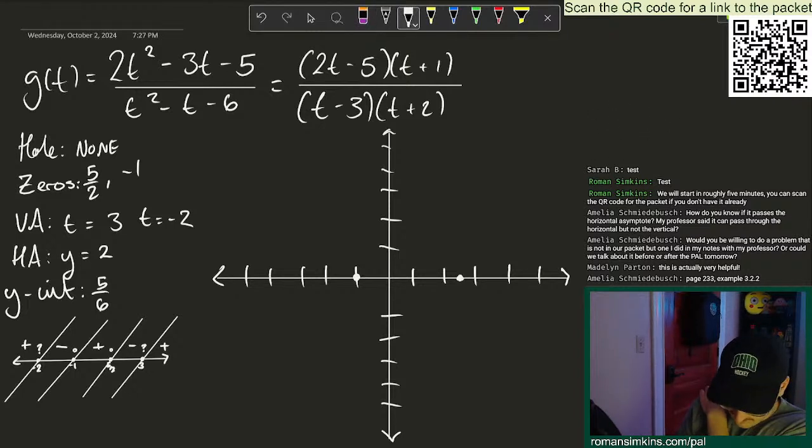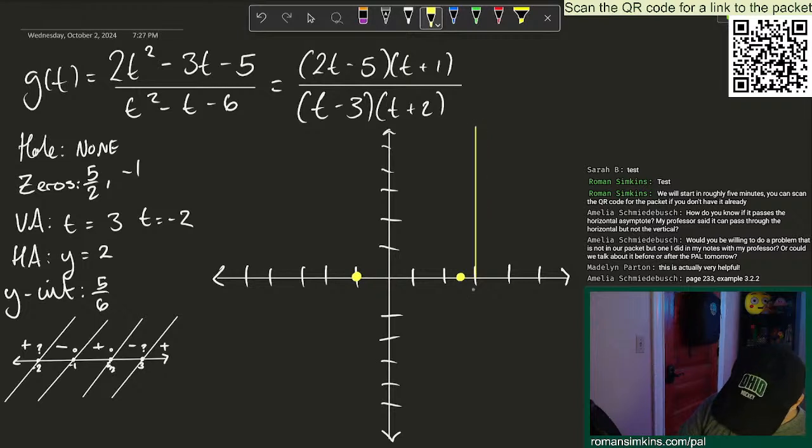I should do my information in yellow just so it's very clear. So 2.5, okay. Then vertical asymptotes, I have 1 at t equals 3. So that's going to be right here. And then I have 1 at t equals -2. So that's right here.